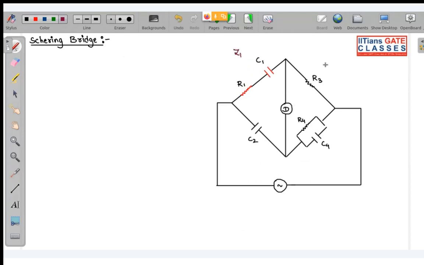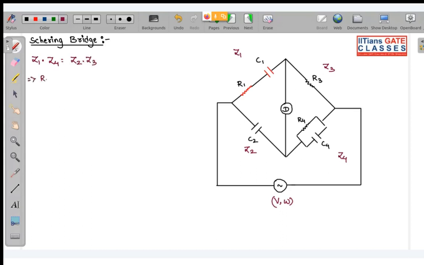So let this be Z1, this be Z3, this be Z2, this be Z4. Now you can see at balance condition Z1 into Z4 is equal to Z2 into Z3.